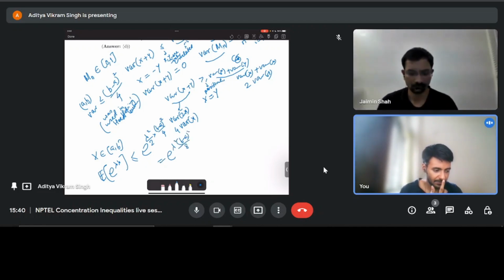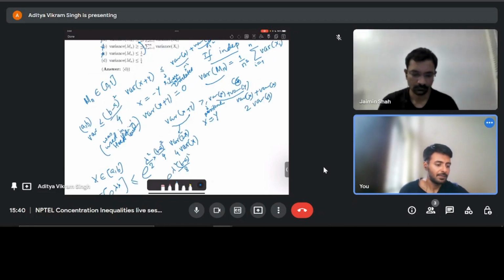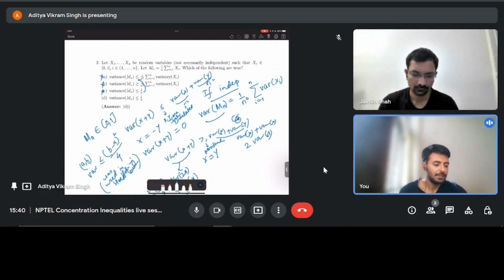Right? So this was Hoeffding's lemma. So just based on the fact that it lies in a certain range, we can claim that the variance would be less than equal to 1 by 4.